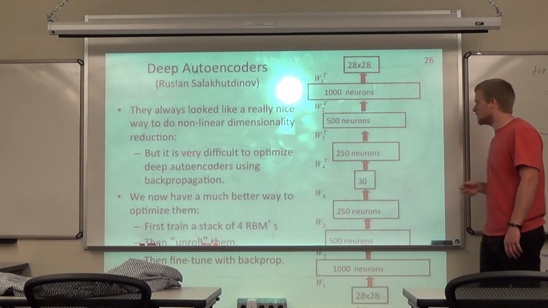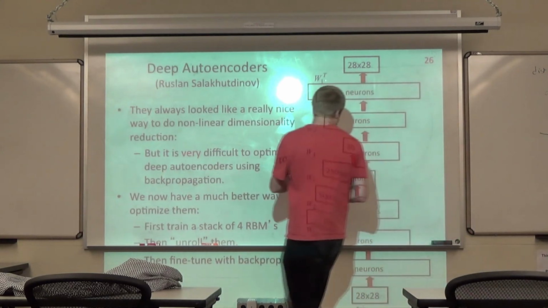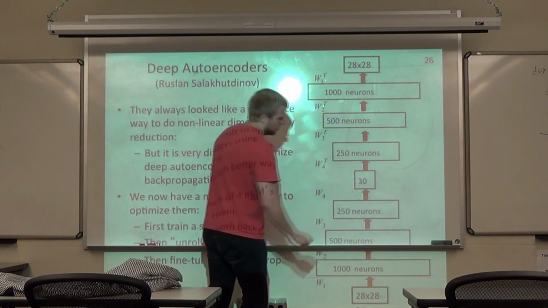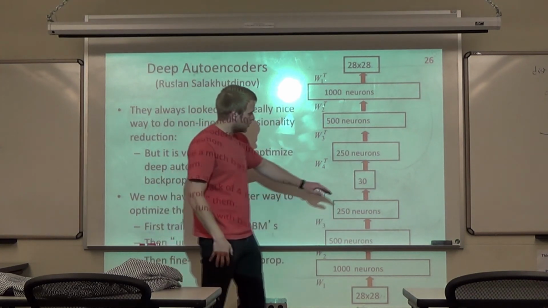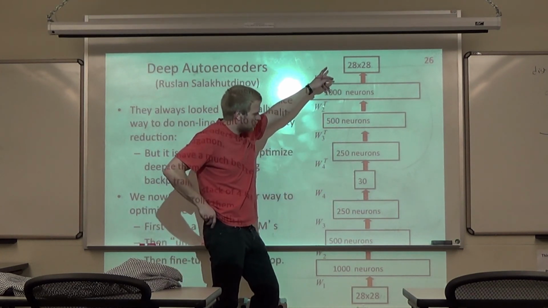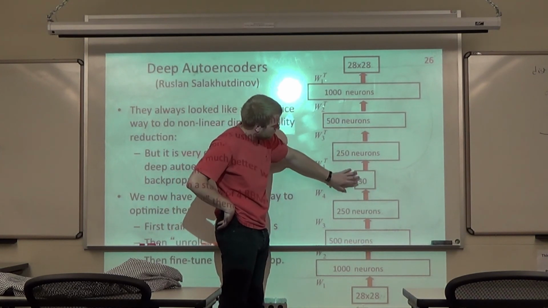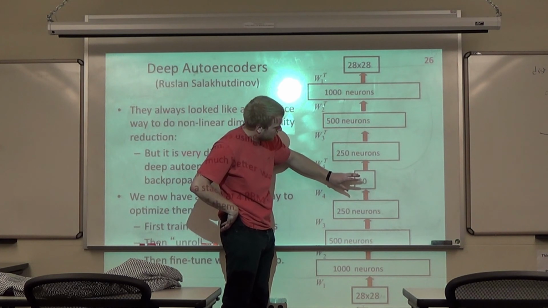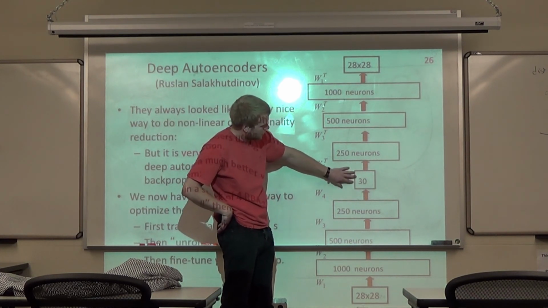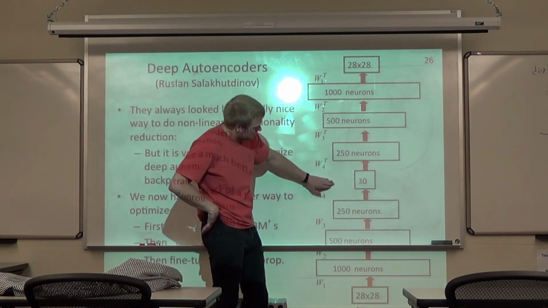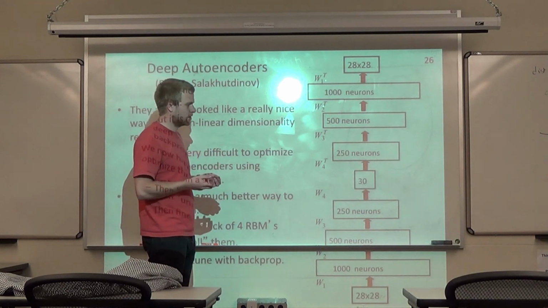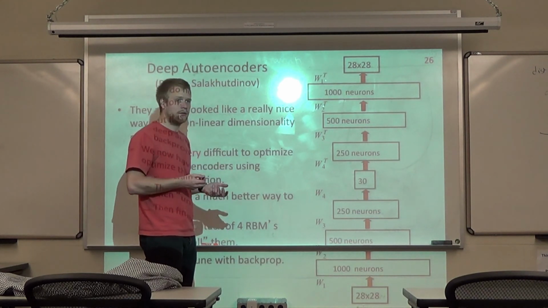What's interesting about this is that when the data is right here, in this layer of 30 nodes, if it can reconstruct it well, that means this subspace of 30 nodes characterizes the image fully.